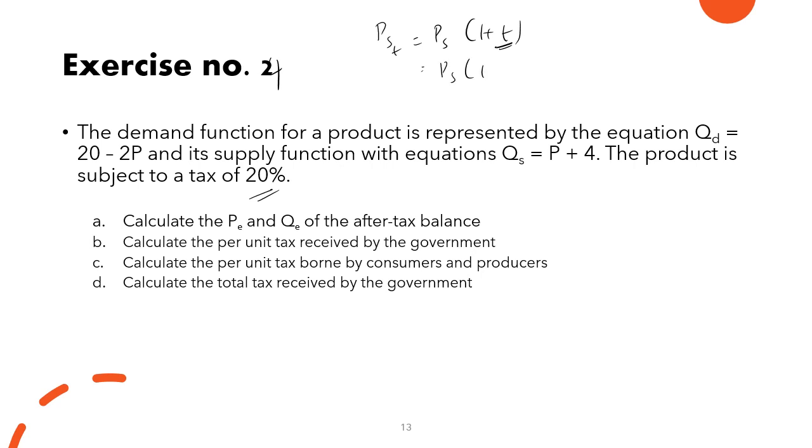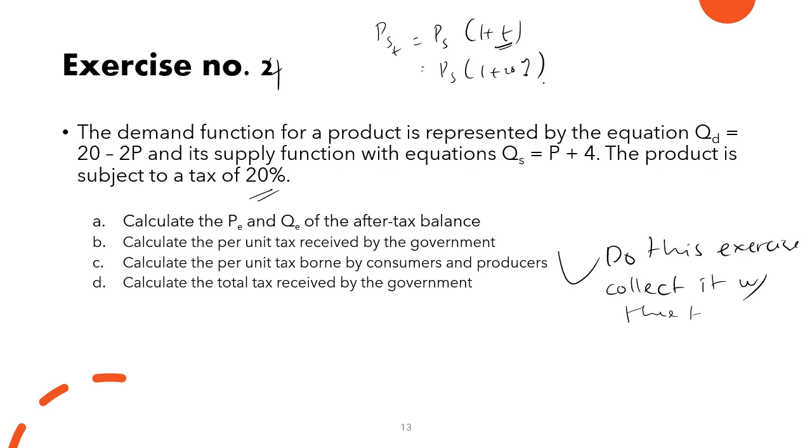Okay, 1 plus 20%, etc. Okay, do this exercise. Yeah, do this exercise and collect it along with the task that I give you later. Okay, so this is my sign that you have watched this carefully.